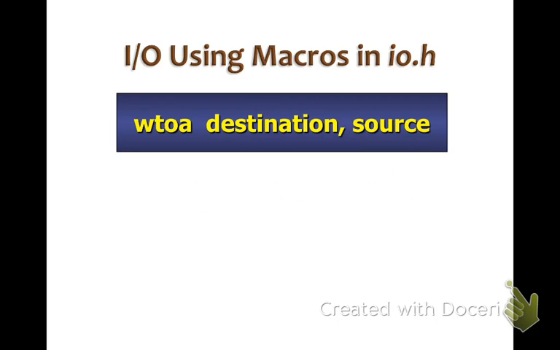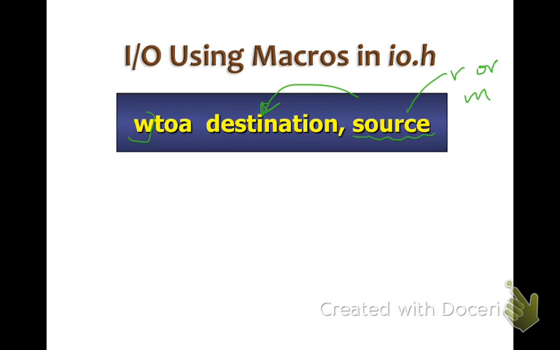Now, let's look at W to A. In the same way D to A works, W to A is going to take a word, a numeric 16-bit value, and convert it to ASCII characters. So the word is located at the place in memory associated with the identifier source, whatever you call it, and that again can be register or memory. It converts it to characters and stores it in destination.